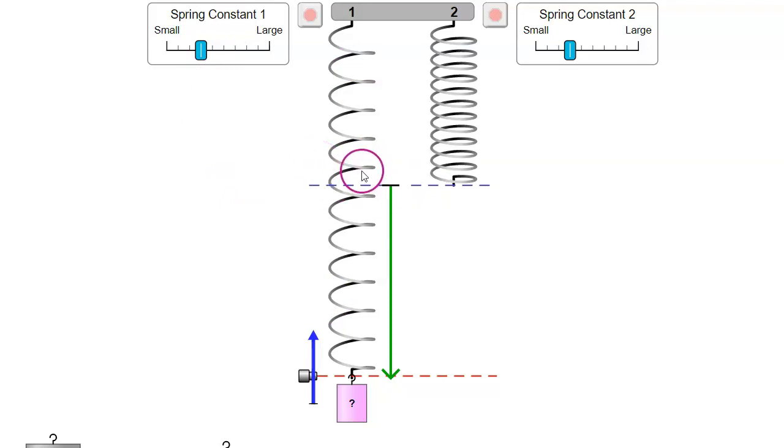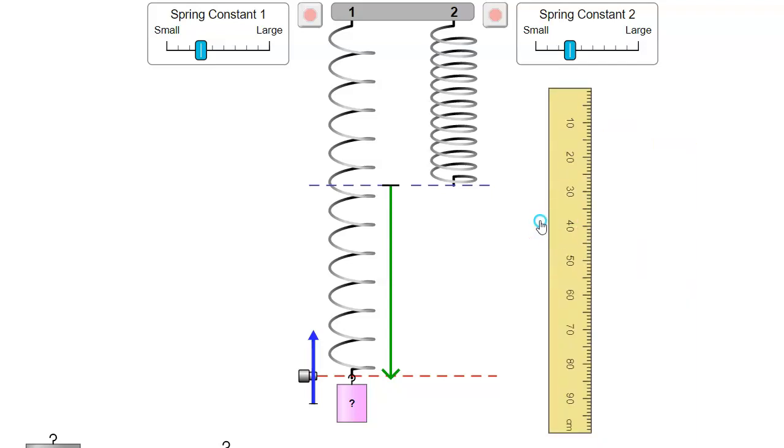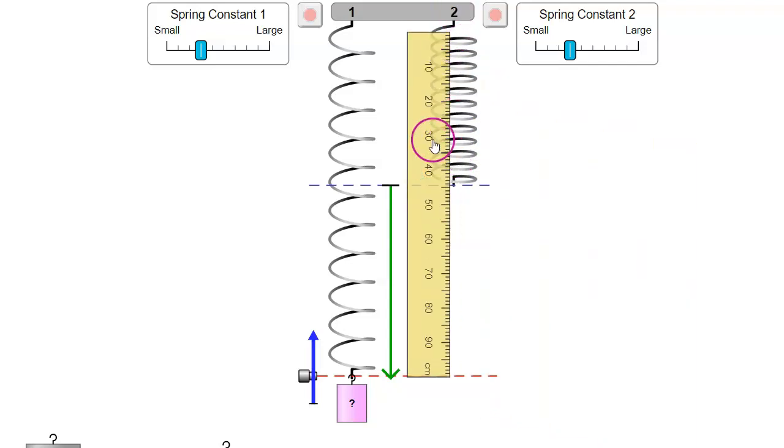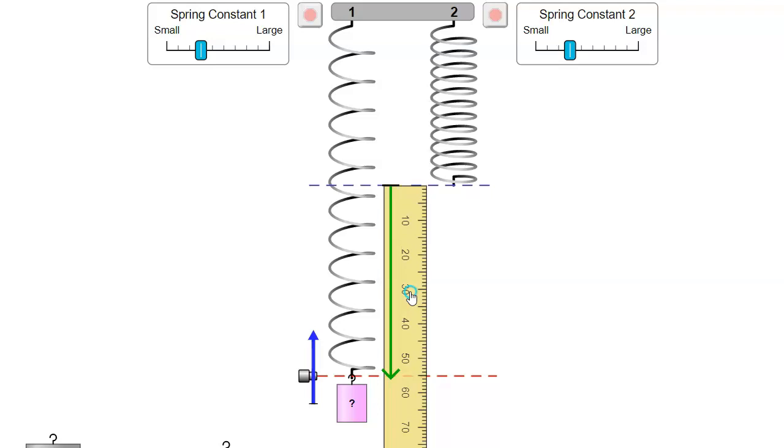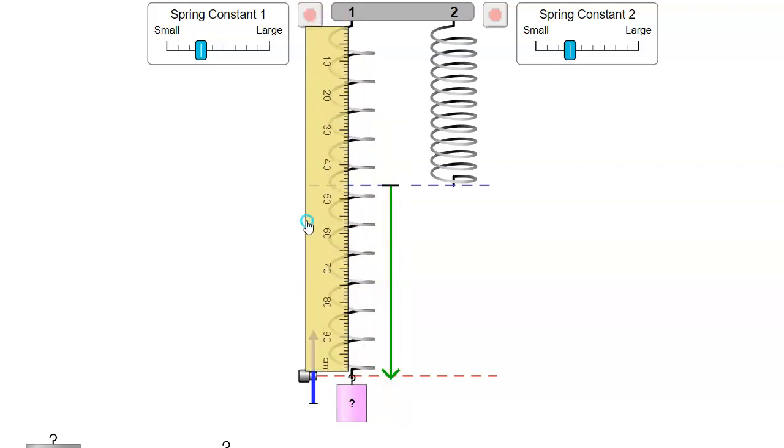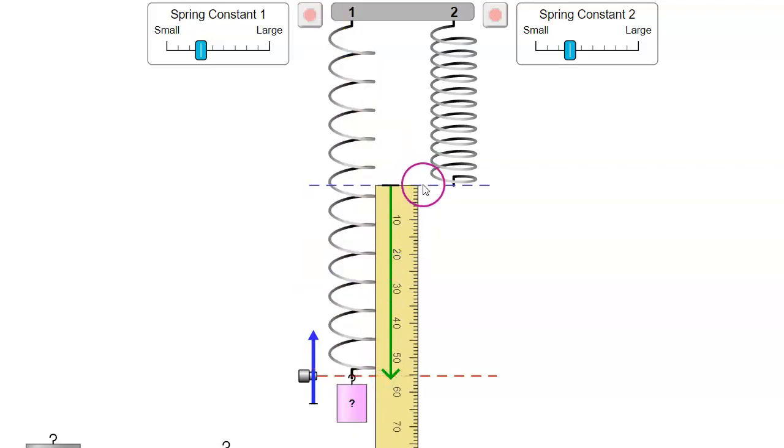And number 2, I need to know the stretched length. That stretched length is not the length of the spring itself, but how much longer it has become. We do not care about the total length of this spring. We merely care about how much it has changed from its original length.